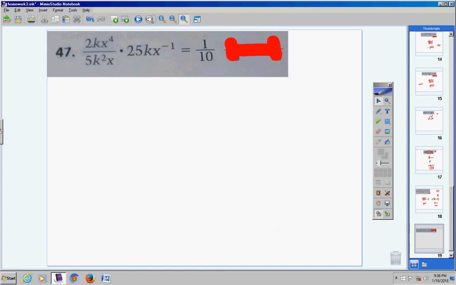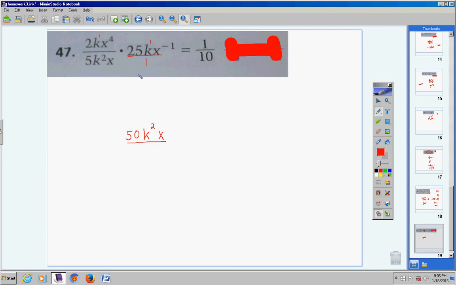And lastly, number 47. Okay, let's first of all simplify. Okay, so let's put this over 1. Put that over 1 so we can multiply our two fractions, okay? So, 2 times 25 is 50. K to the 1 times k to the 1 is k squared. X to the 4th times x to the negative 1, multiplying like bases.